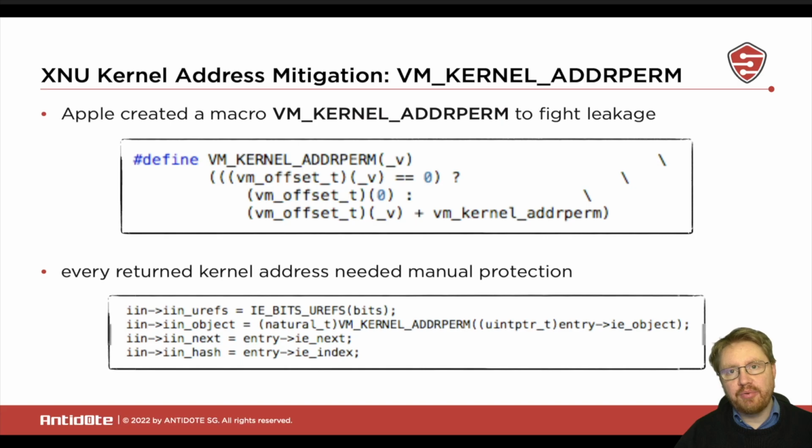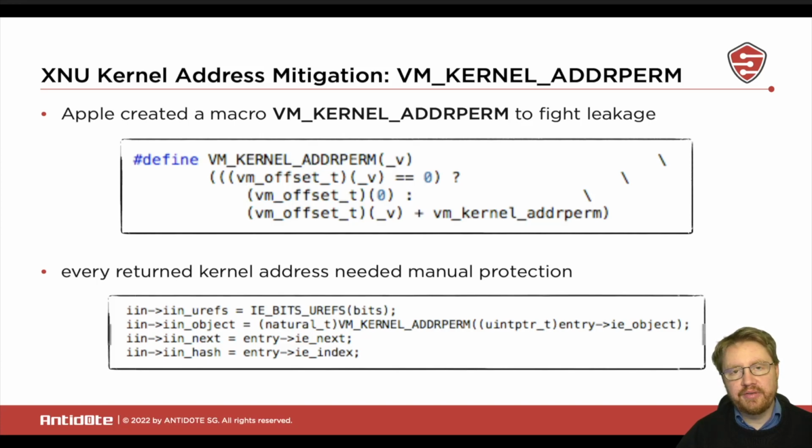The way Apple did this was they introduced a new macro to the kernel source code, which is VM_KERNEL_ADDRPERM. As you can see here on the slides, they basically add the variable vm_kernel_addrperm to the input.